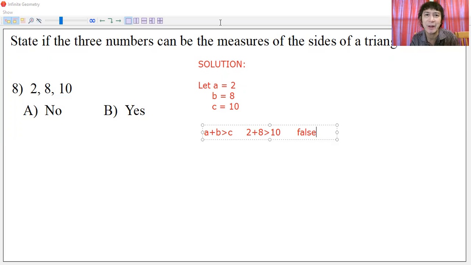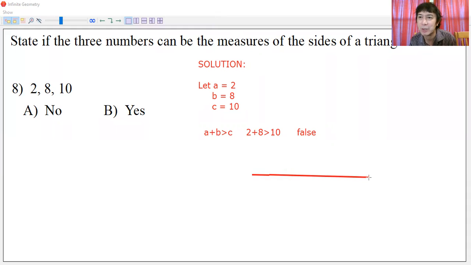Okay, and I can show you something from it. All right, for example, if you want to draw this, it's 2 plus 8 equals 10. It's like this. 2, and then you add 8, okay? And how will you close the triangle? It will just be another 10 going back to the starting position, and it will not form a closed figure.